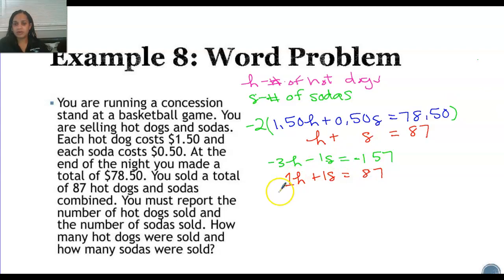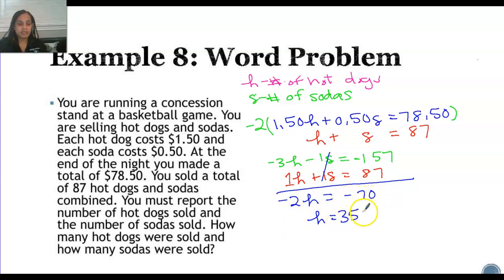And let's see what those turn out to be with elimination. -2H equals -70. So I would divide both sides by -2 and I'd get H equals 35.